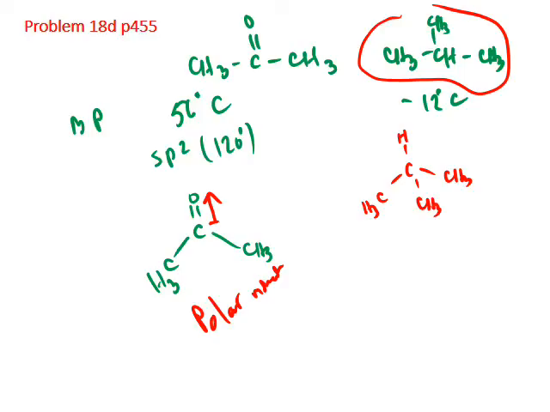Now the carbon-hydrogen electronegativity difference is very small. Not only that, if you look at all these carbon-carbon bonds, that's the same electronegativity, and carbon-hydrogen has a slight electronegativity difference. So compared to the first compound, the polarity of this is very small.